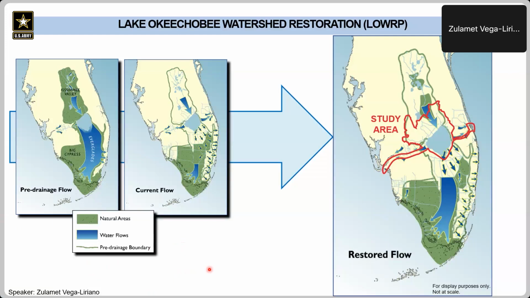LOWP focuses on addressing problems north of Lake Okeechobee that will benefit the watershed by reducing the amount and frequency of the lake water releases into the Caloosahatchee and the St. Lucie estuaries.